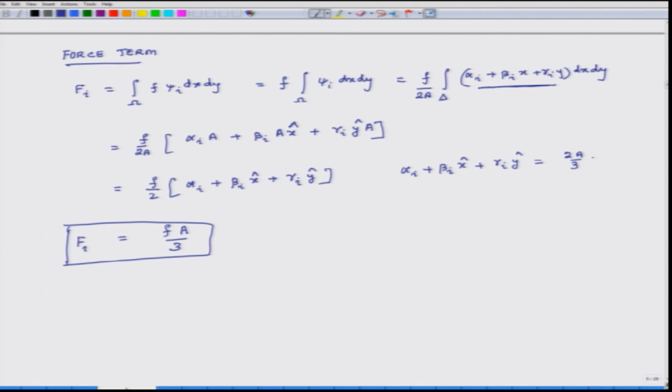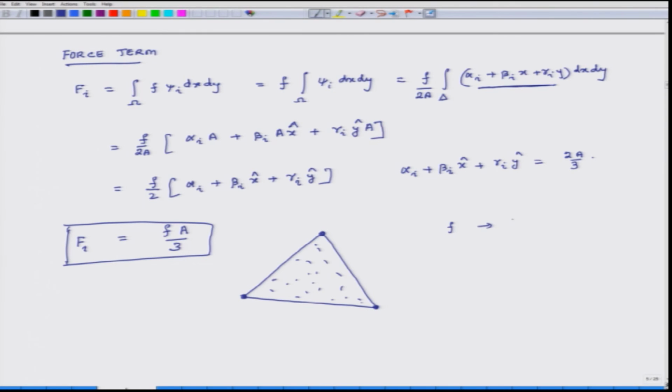So, what does it mean? If I have a triangle and I am putting some force per unit area, so I am putting some force in the normal direction, and the intensity of that force is f.